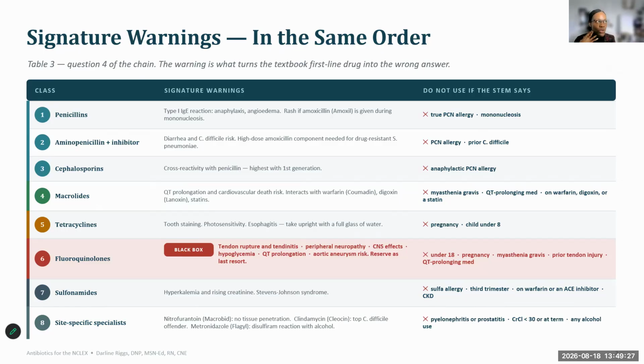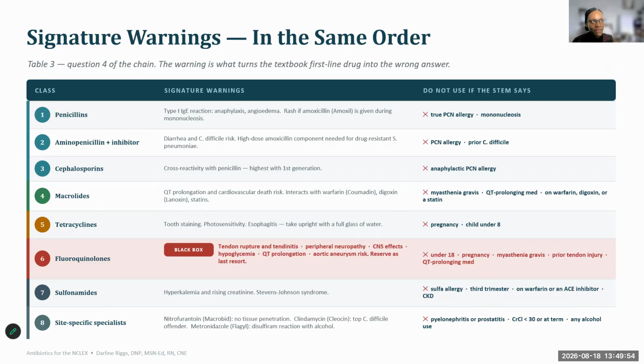Your category 2, your aminopenicillin with the inhibitor. So your Augmentin. So signature warning: high risk for C. difficile, Clostridium difficile. The C stands for Clostridium. So they get that diarrhea that has that unique smell that you won't forget when you smell it. It sticks to your memory for some reason.